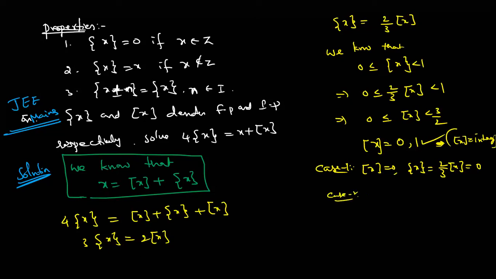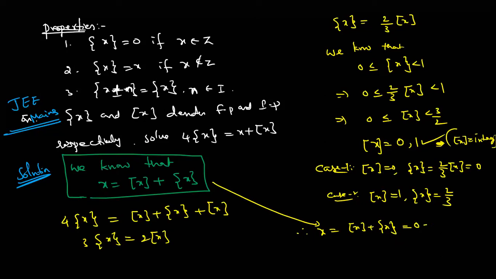Case 2: the integral part of x is 1, then the fraction part of x is 2 by 3. Therefore x can be 0 plus 0, which is 0, or 1 plus 2 by 3, which is 5 by 3. So the solution is x can be 0 or 5 by 3.